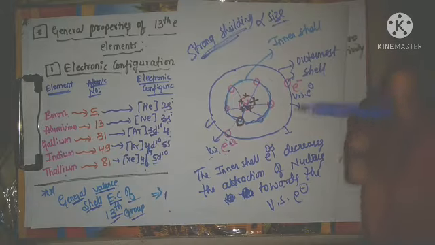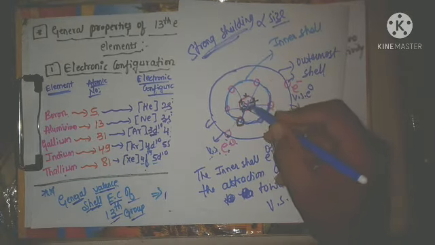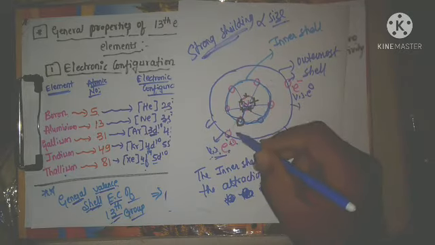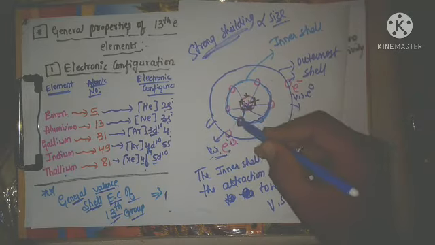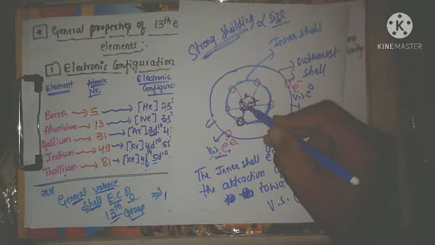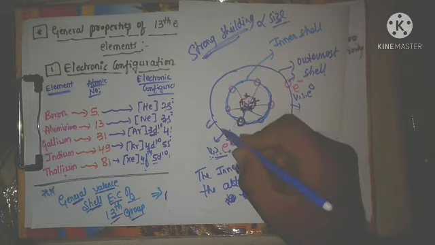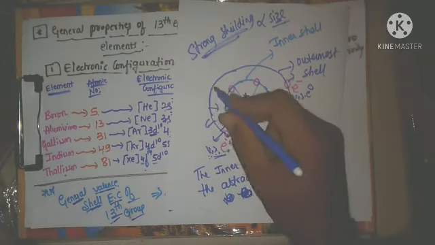If it is weak shielding effect, means inner core electrons are not shielding strongly, then what happens? The nucleus and valence shell electrons are attracted strongly. Attracted strongly means slowly these valence electrons are coming towards the nucleus.